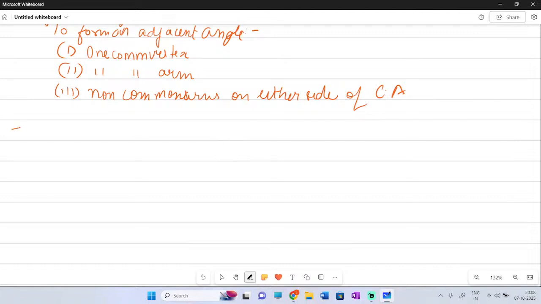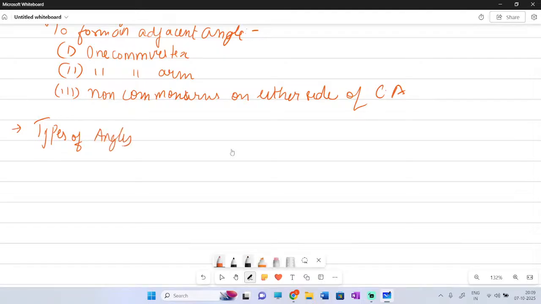Okay, next. Types of angles. Right angle measures exactly 90 degrees.